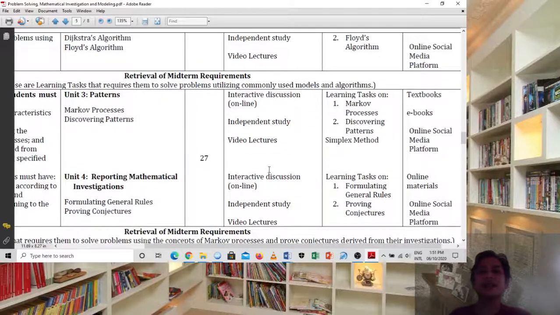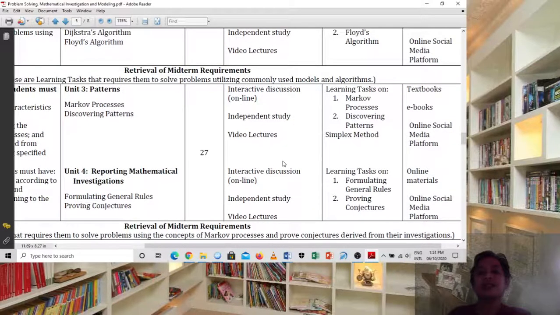Most of the time you would have to do independent study because of the current situation. You are encouraged to ask questions through the chat room that we have made for this subject.